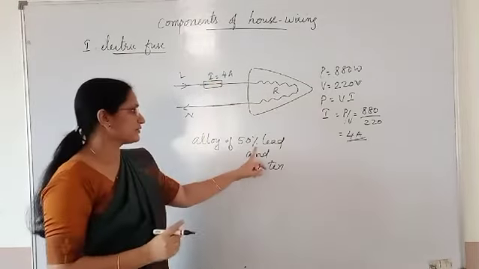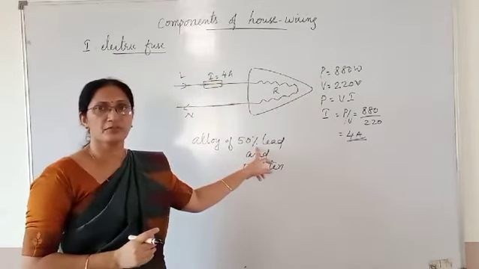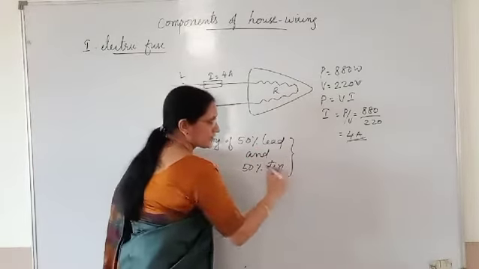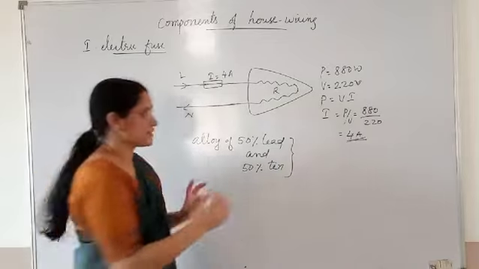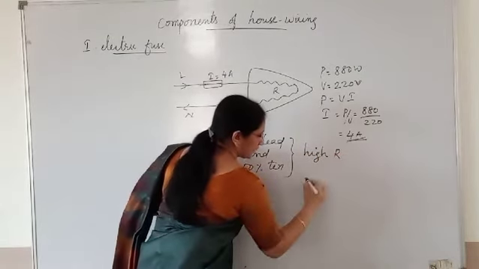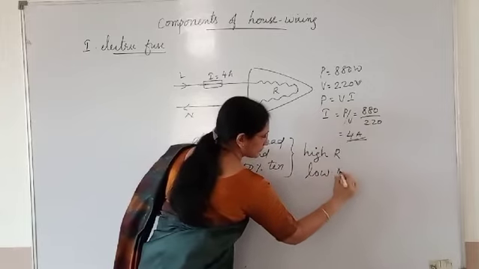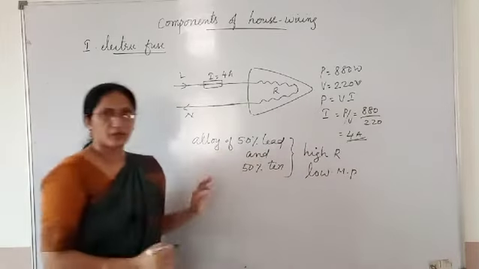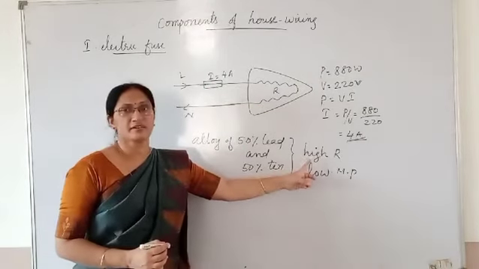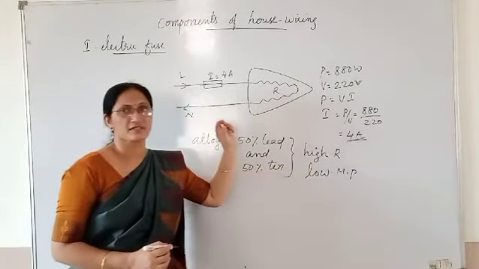And fuse wire, which is made of an alloy of 50% lead and 50% tin, has some special characteristics. It has a high resistance and low melting point. This fuse wire has two important characteristics. It has high resistance.